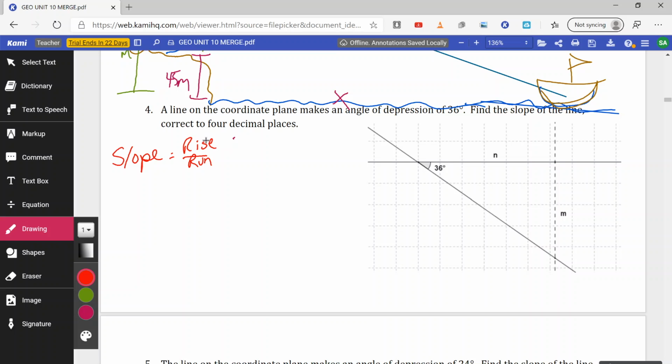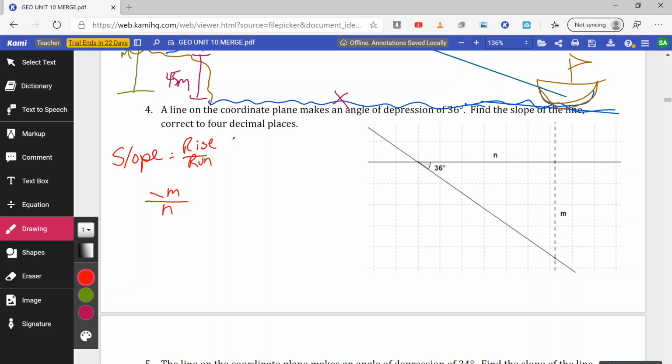Now, we read a graph left to right just like a book. So rise, the up and down part, is always first. So left to right, my line is going down. So in this case, my line M is the one that is going down. So it's going to be negative M over our run N. So that's what we're looking for, the negative value of M over N.